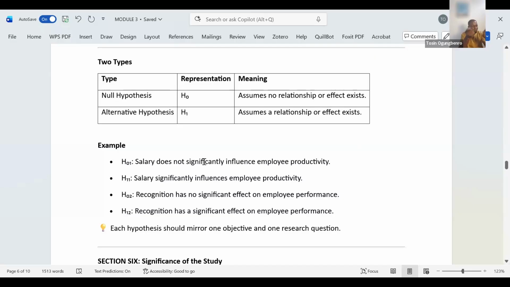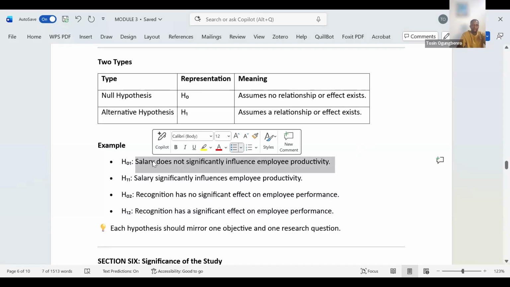You are looking at the correlation between two variables. Our variables from our objective to our question, at least for the first objective, have been salary and employee productivity. So it's the same thing here too. So we are saying there's no significant influence, or you can say there's no significant relationship, depending on what you are testing.